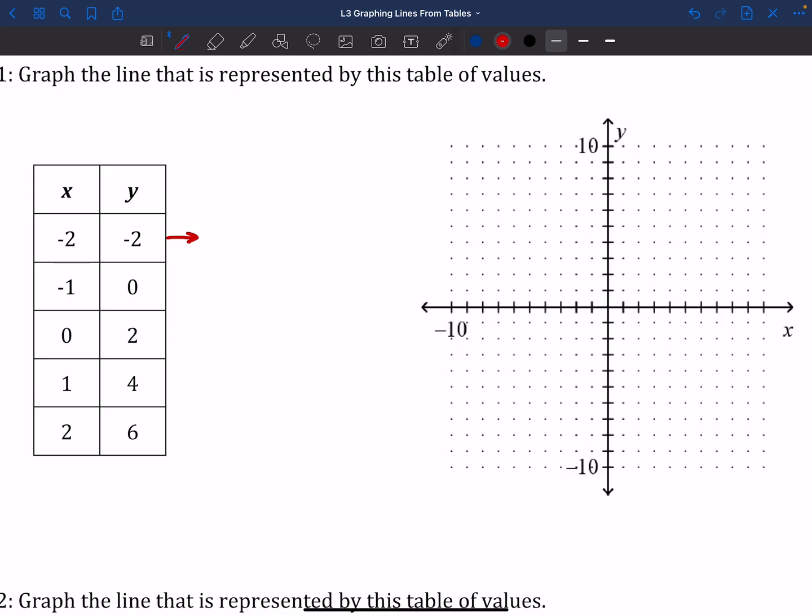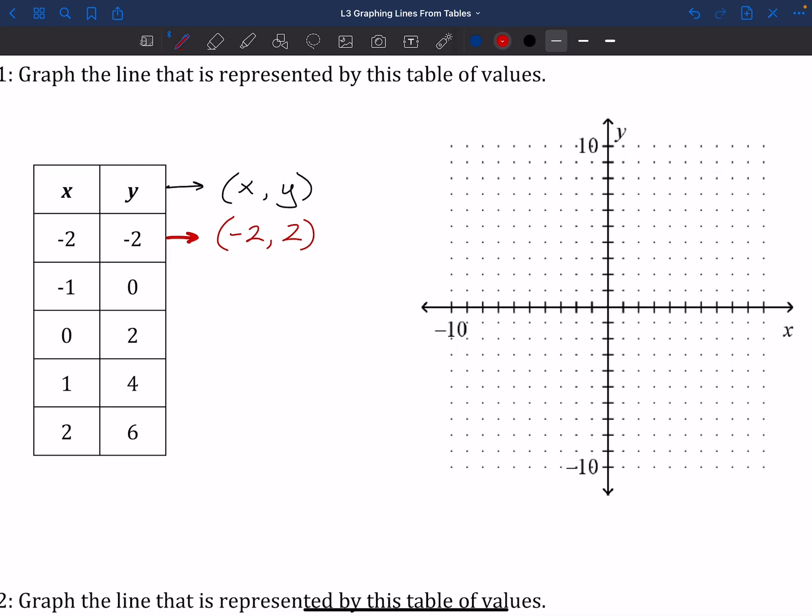So if I have an X of -2 and a Y of -2, my point will just look like -2, comma -2. Remember that when we're talking about points in general, if there's an X and a Y, it's always X, comma, Y. That's what tells us where to go on our graph.